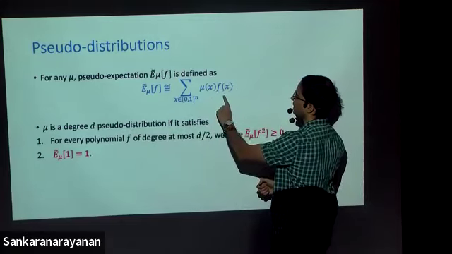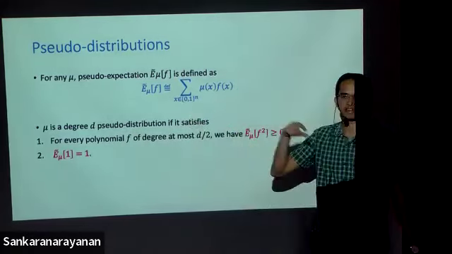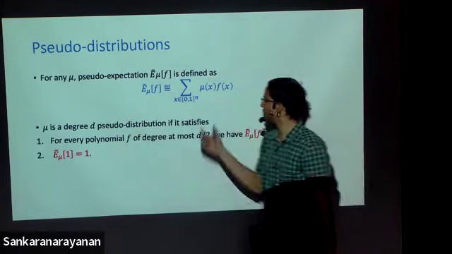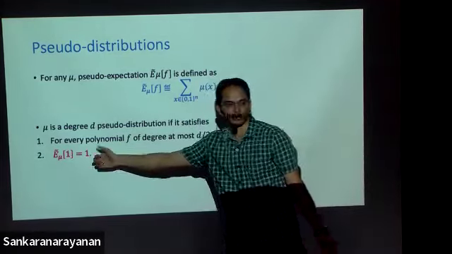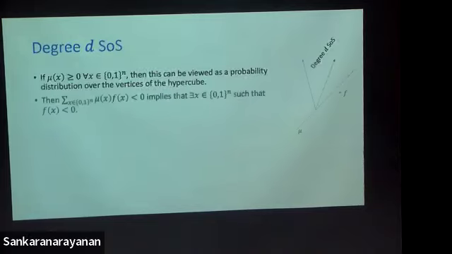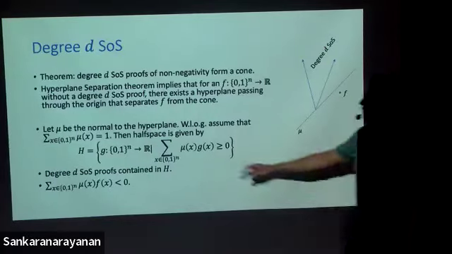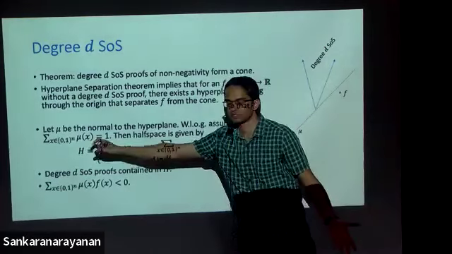If you plug in 1 over here, the expectation of 1 is just the summation over mu. So we normalized this so that the expectation of 1 is equal to 1. Let me just go back. Yeah, so we normalized this thing over here. So this gives us that the pseudo expectation of 1 is equal to 1.